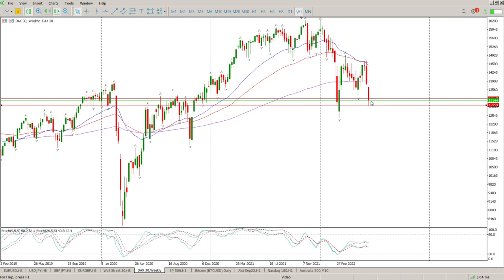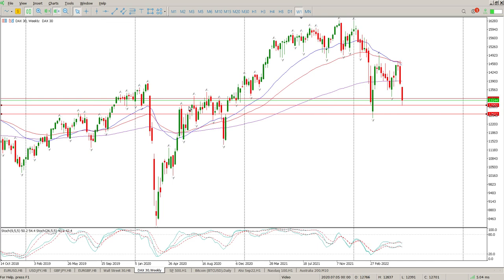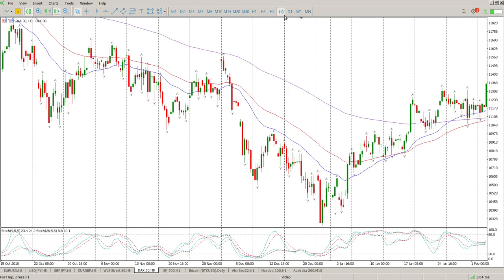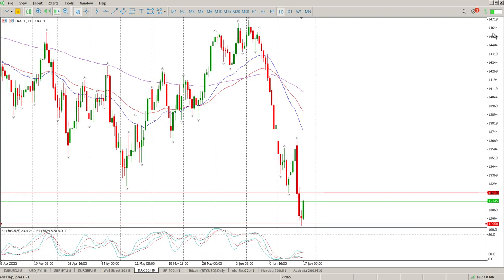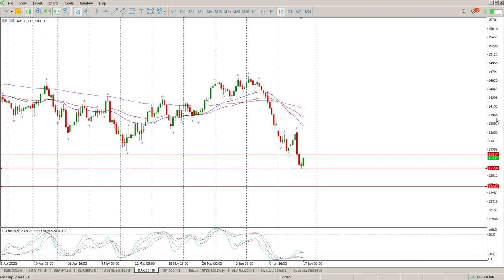Even though you have broken below the structure that we have here, there is a lot of support to be found here, and if it drops a bit further, there is support here. So this zone is something you need to pay attention to very carefully. If you're jumping in short and you think you're in for the ride of your life, you are seriously mistaken.